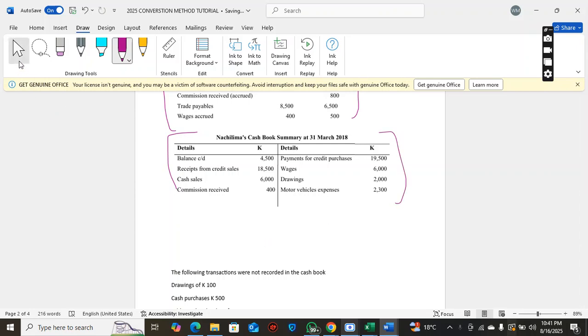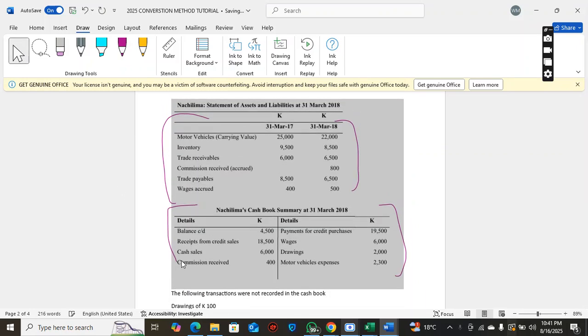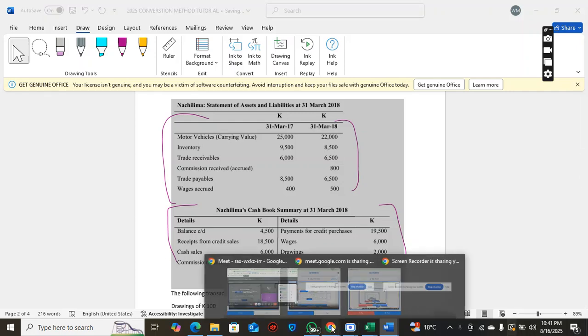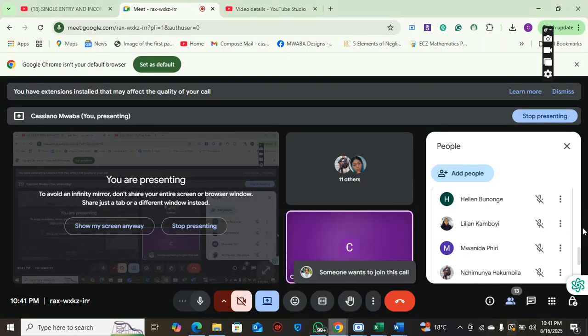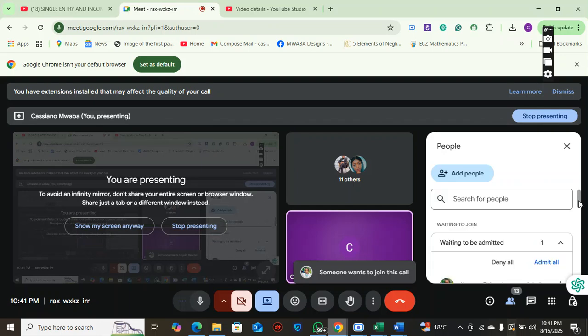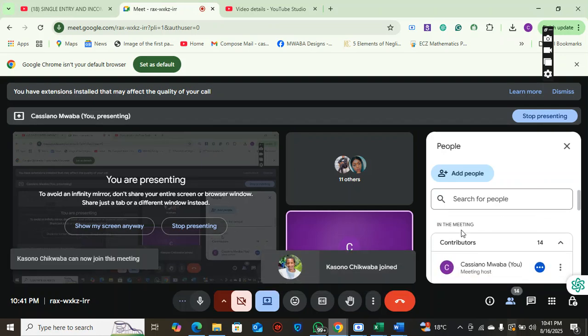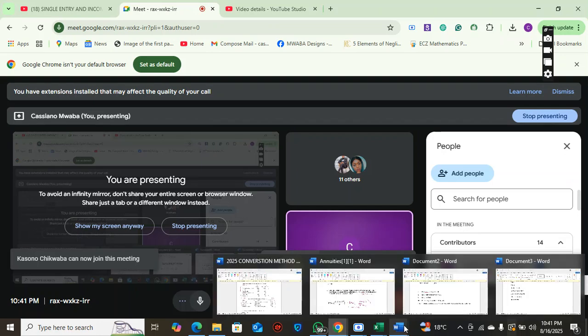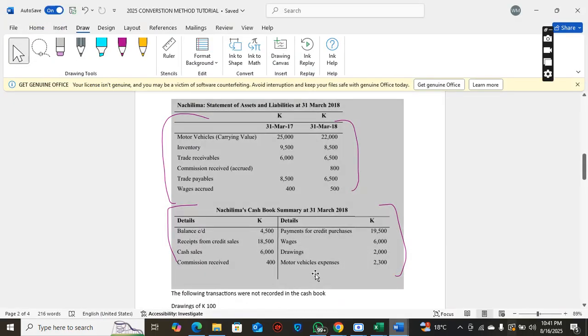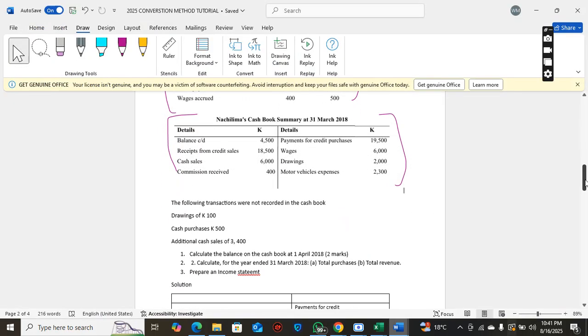And then they tell us in the question the following transactions were not recorded in the cash book: drawings of 100 kwacha, cash purchases of 500 kwacha, additional cash sales of 3,400.